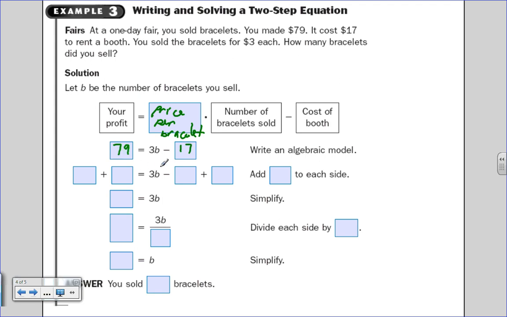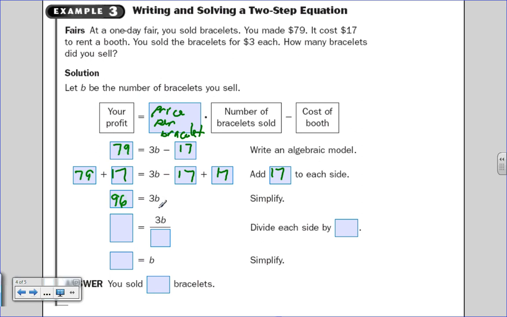Again, two-step equation. Opposite on both sides. So we got subtracting. We're going to add 17 to both sides. On the right side, the 17s cancel out. Negative 17 plus 17 is 0. So you just have a 3b. On the left side, 79 plus 17 should be 96.